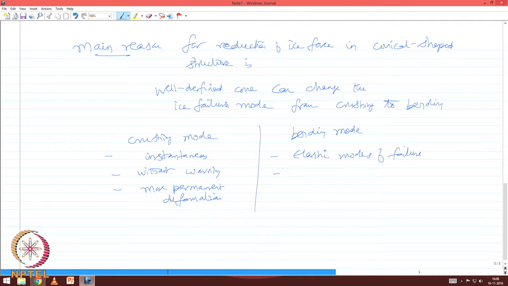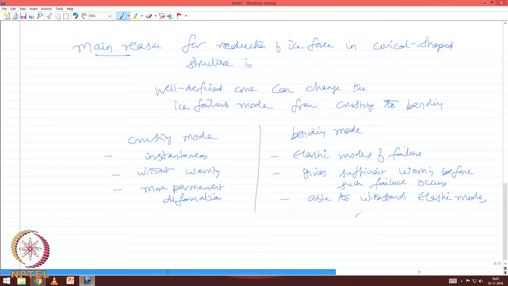Any elastic mode of failure gives sufficient warning before such failure occurs. Thirdly, if the material is able to withstand the elastic mode, the material may remain safe without any failure.